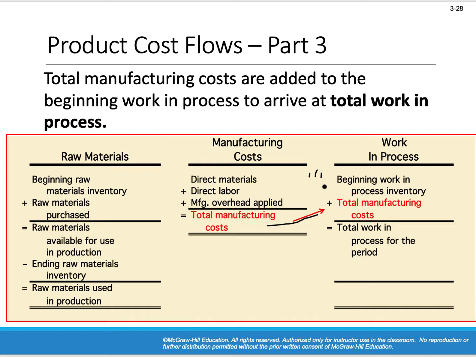Okay? So we're taking that beginning balance, we're adding the total manufacturing cost that we calculated for this period into WIP, and when we add the two, we get the total work in process.